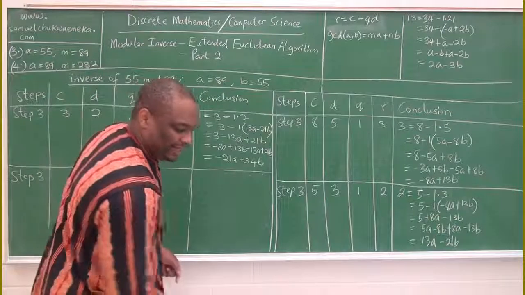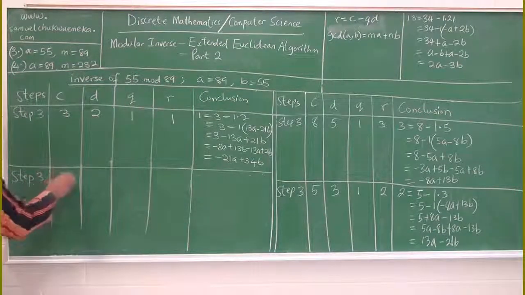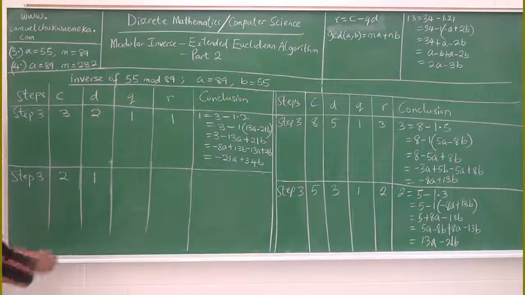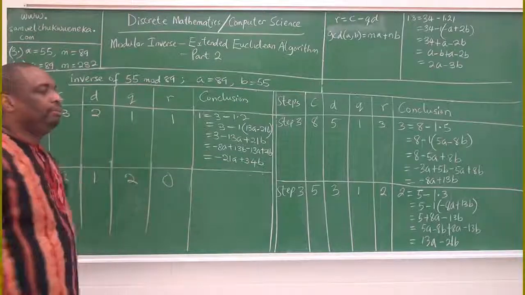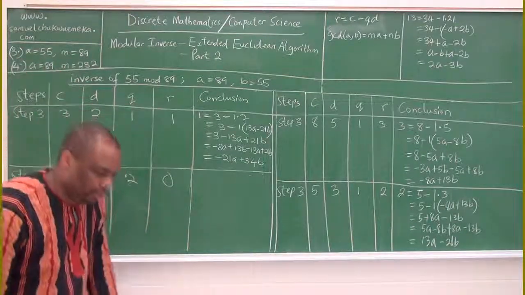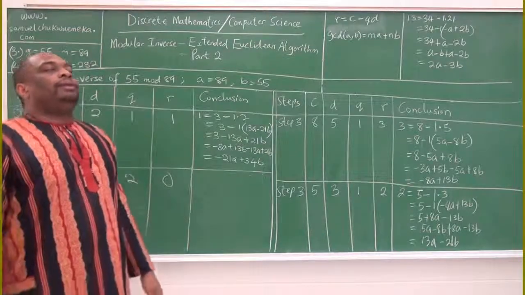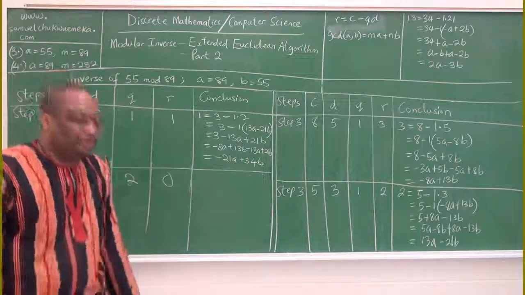Okay? So this will be, our D is now 2, which is C, and our R is 1, now D, which is 1. 2 divided by 1 is what? 2, remainder 0. Breathe out. We've been breathing in. In, out.